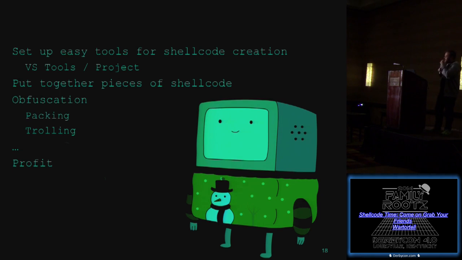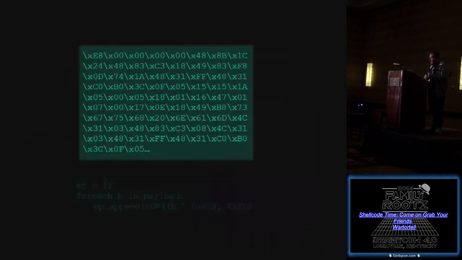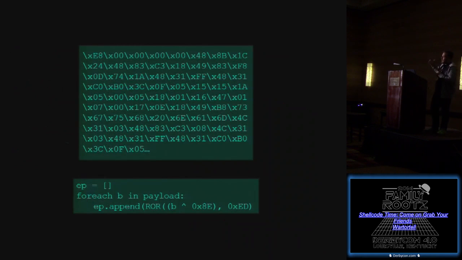All right, so I wanted to put together something that made writing shellcode really easy and also allowed you to do things like packing in sequence and making shellcode harder to reverse, because what we see out there a lot is things that look like this. You have a shellcode payload, and then you have something that decodes it with a single byte XOR or something like that.